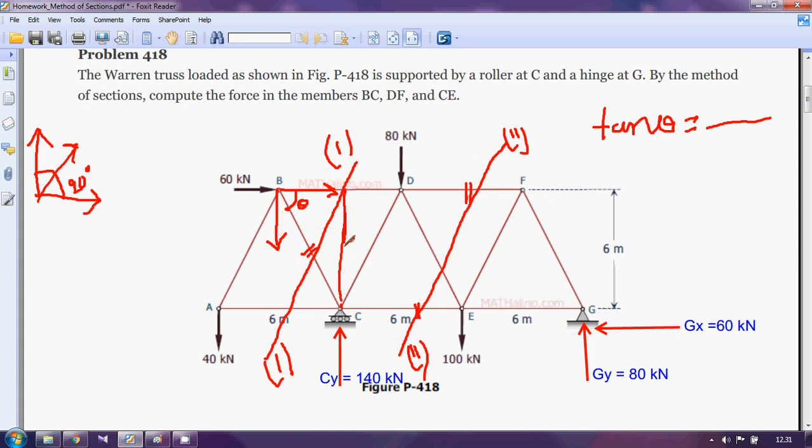In this triangle BCD prime, you need tan theta. The perpendicular is 6, and the base will be half of 6 meter, because this is 6 meters, so BD prime is 3. So theta equals tan inverse 2.